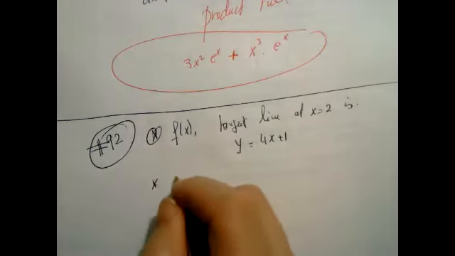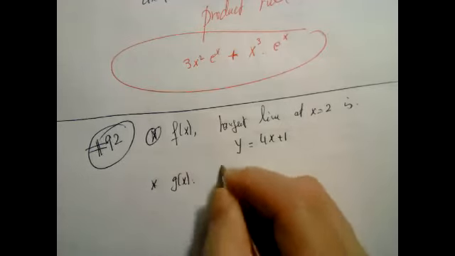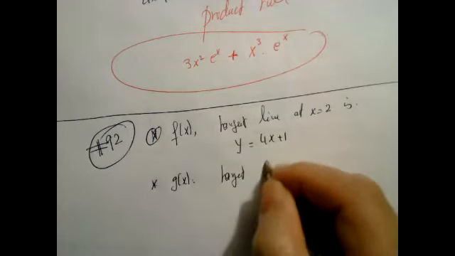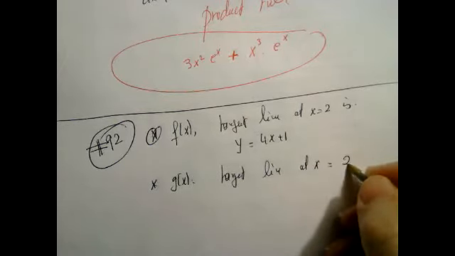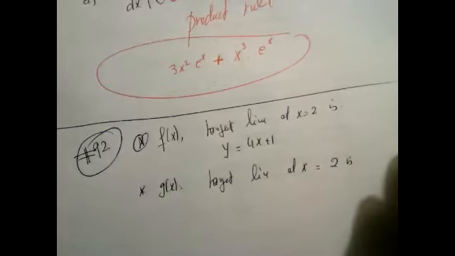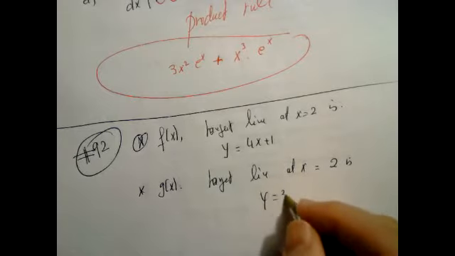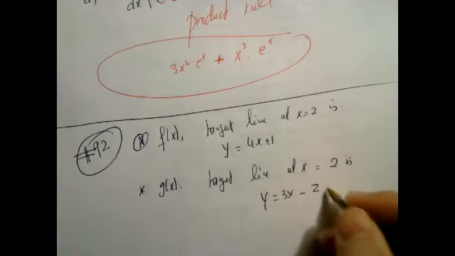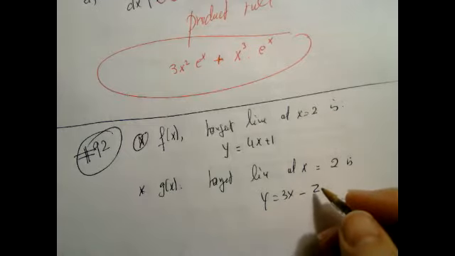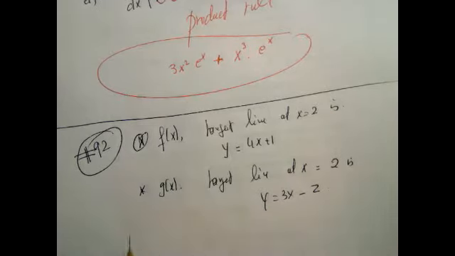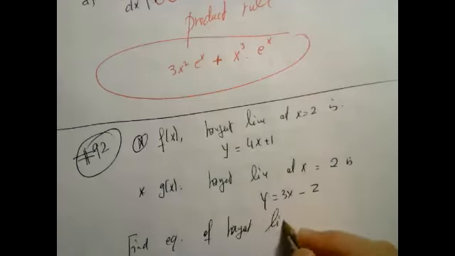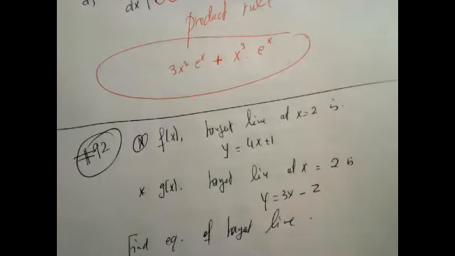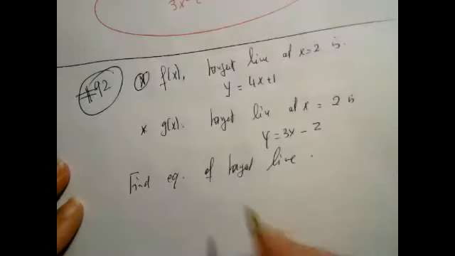And we have another function g, and the tangent line at x equal 2 is y equals 3x minus 2. Good. And the question is to find the equation of the tangent line of f of x times g of x.